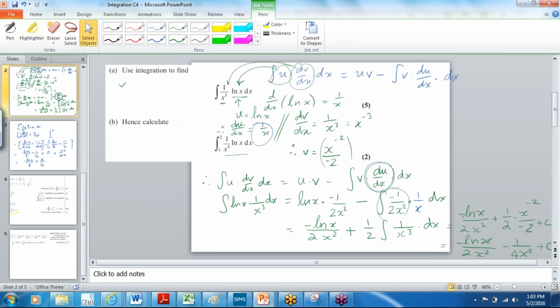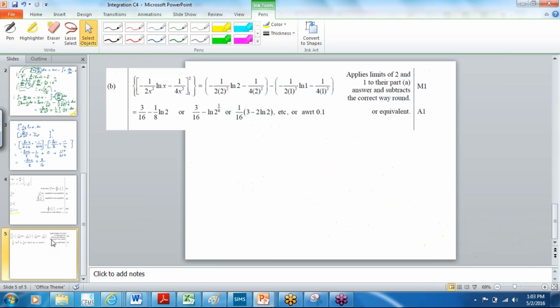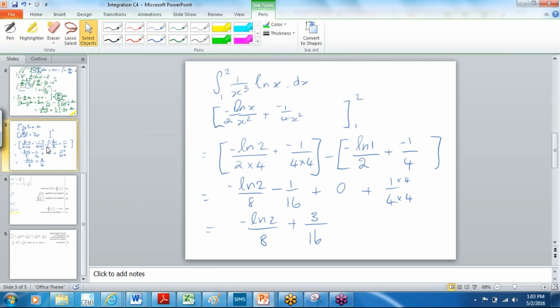You can see we've got that correct on the first slide here. And then the other solution was 3/16 minus 1/8 ln 2. So we go back here and see that's 3/16 minus 1/8 ln 2. So we've got the correct solution for part B.